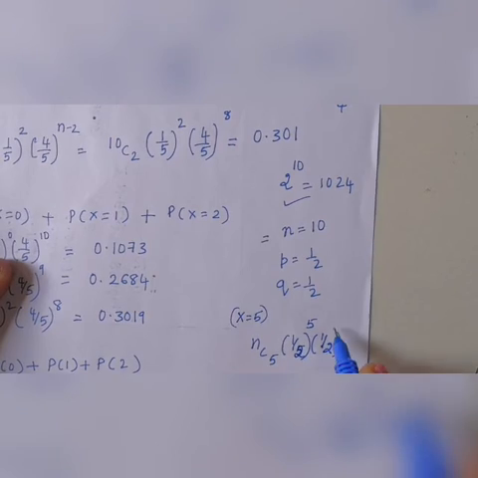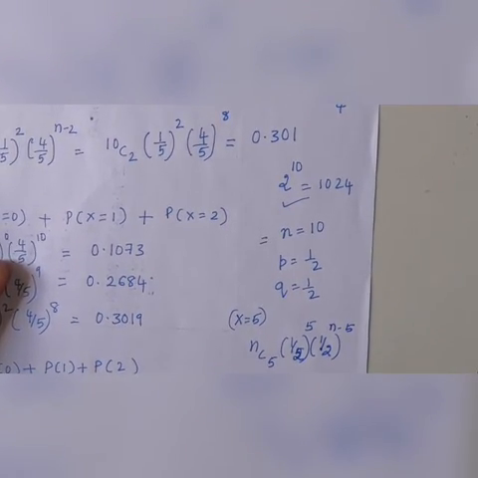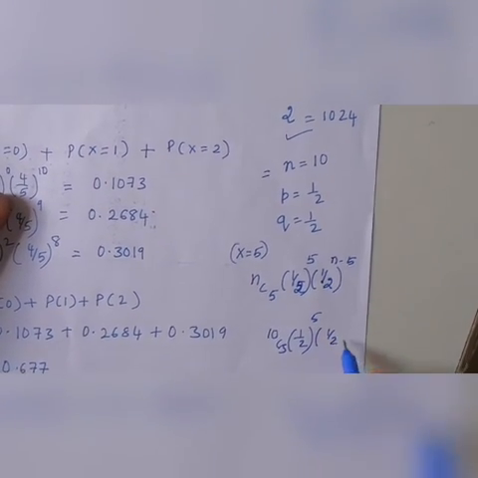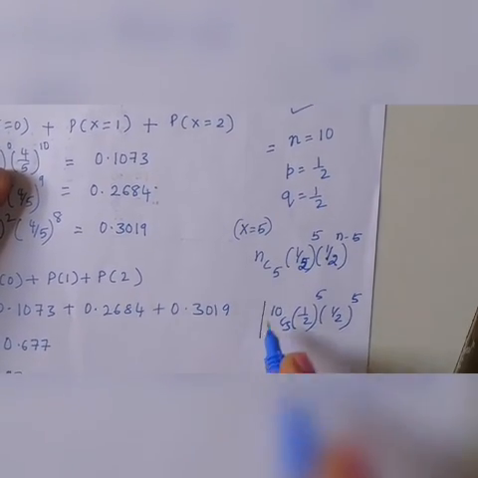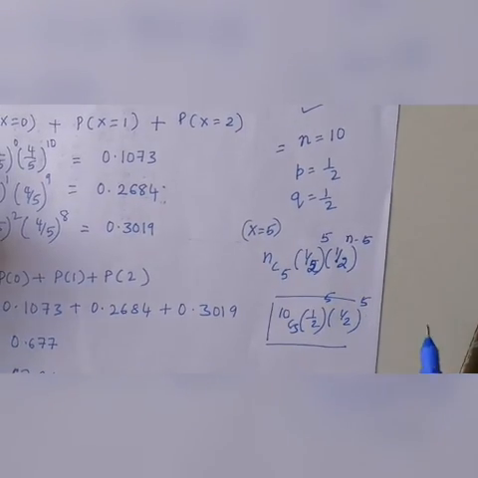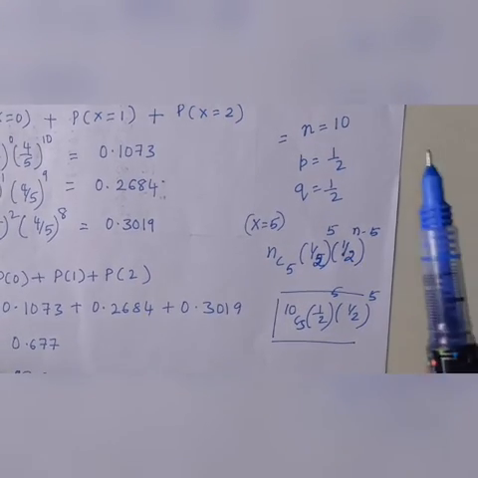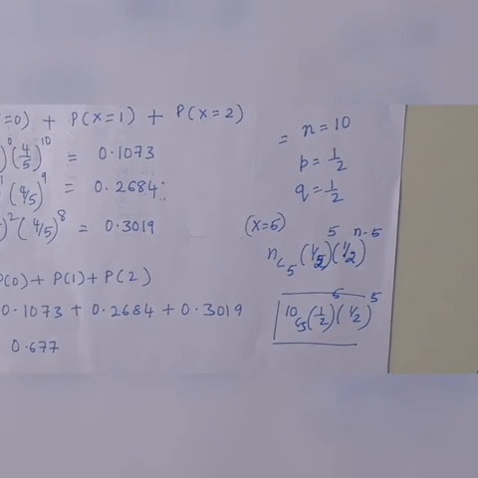N is equal to 10, so 10C5, 1 by 2 to the power of 5, 1 by 2 to the power of 5. You just calculate the value and you're going to get it. So this becomes simple for us. When the sample space is huge, it becomes simple to calculate the probabilities when we use binomial distribution.